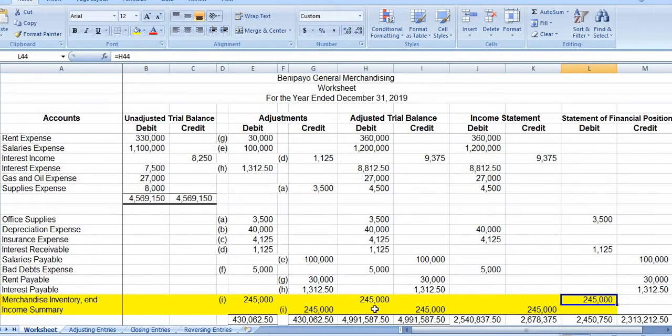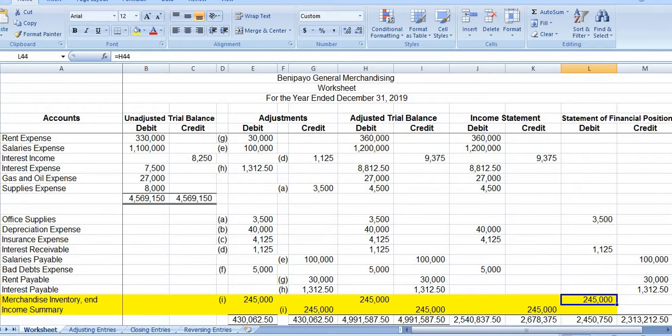Recall that to compute the cost of goods sold or cost of sales, merchandise inventory beginning, add net purchases to arrive at the cost of goods available for sale. Then, less or deduct merchandise inventory end. From that, we know that if the normal balance of purchases is debit, then the merchandise inventory beginning, which is added to the net purchases, must also have a normal balance of debit.